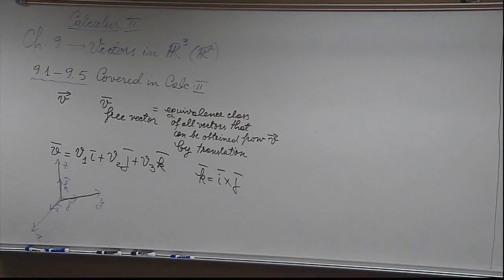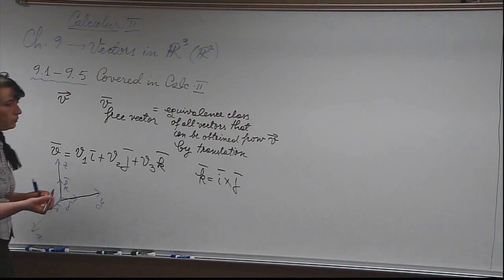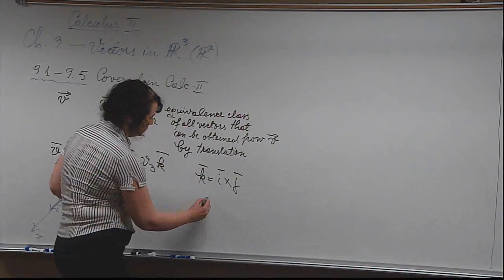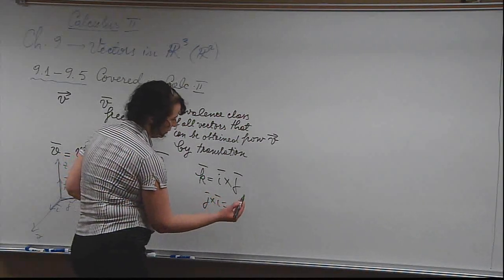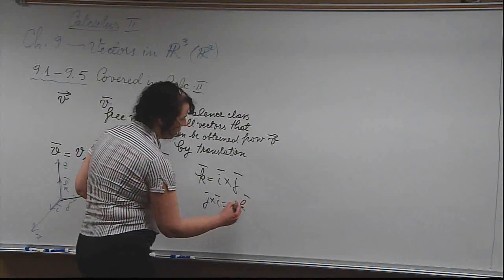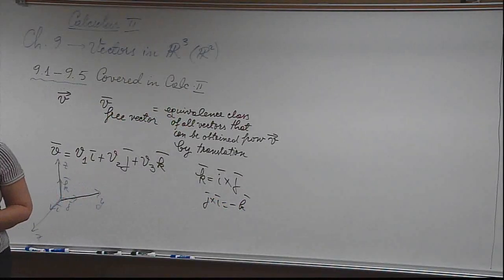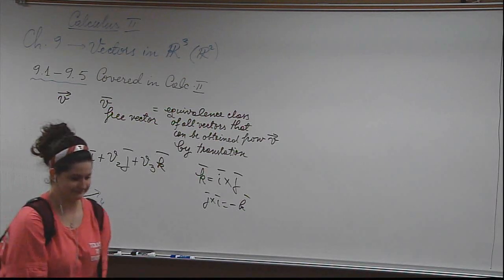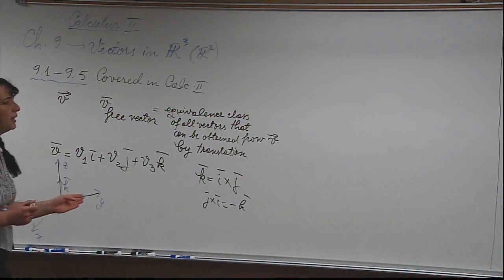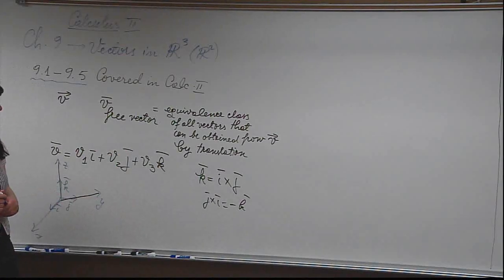It's like the right-hand rule. If you would do the other way around, if you do J cross I, what are you going to have? Minus K. So the properties of the cross product being antisymmetric are supposed to be known. Pay attention to the signs in all the exams that you have.